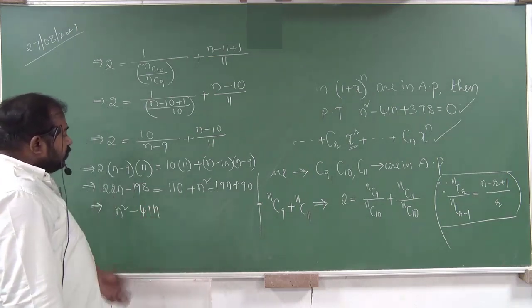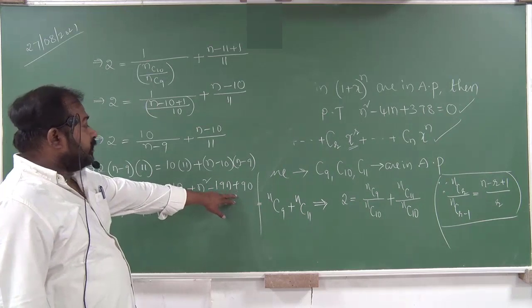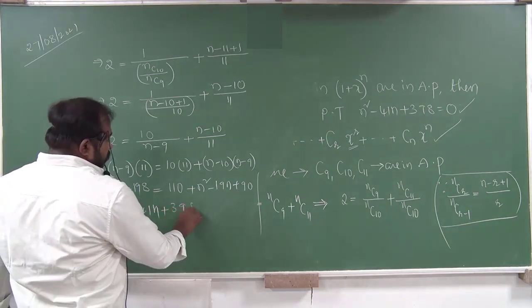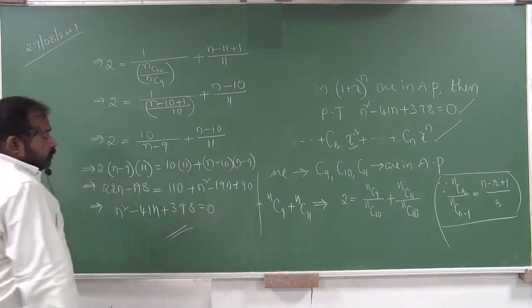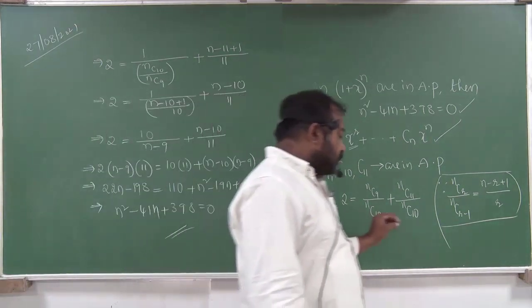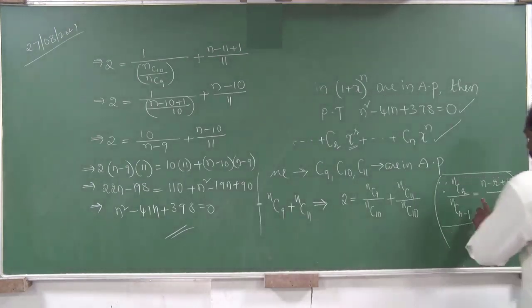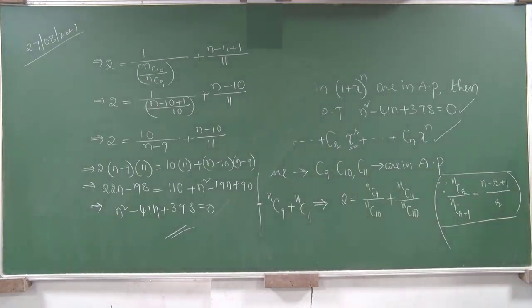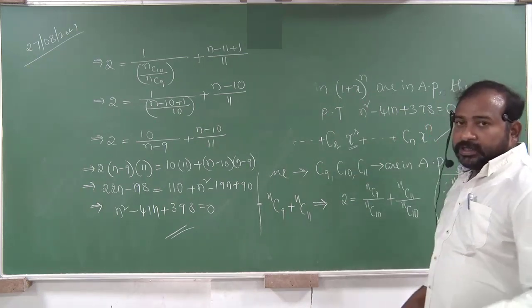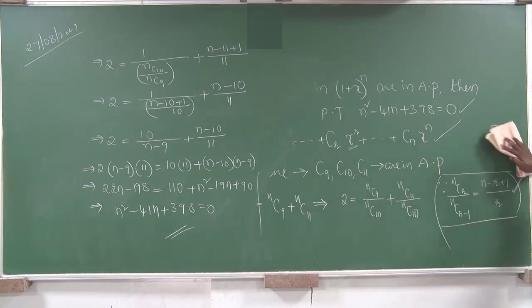For the constants, 200 is there, and minus 198 changes to plus 198, so the total is plus 398 equals 0. This is the result. So the entire problem is based on the formula nCr by nC(r minus 1) equals (n minus r plus 1) by r. Based on this formula, if you simplify, you will get the answer. I hope this is clear for you. Okay. Next.